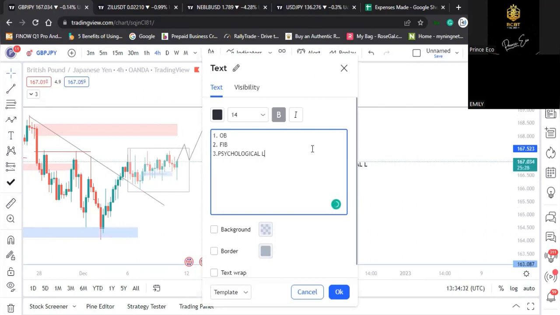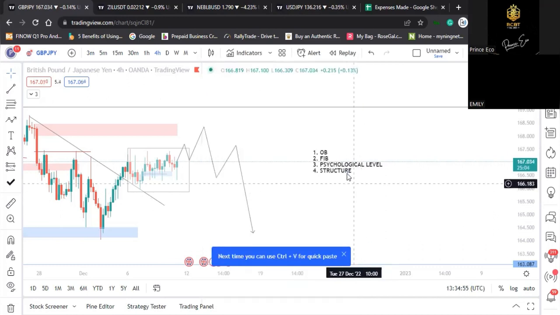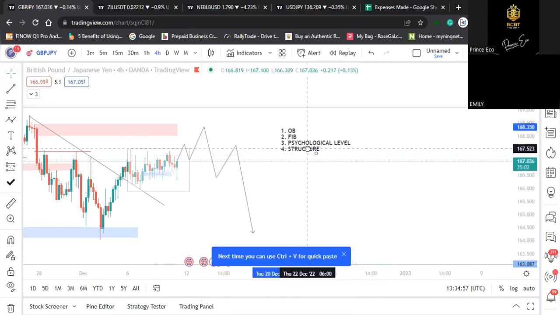Psychological level. Then the third one will come in, and the fourth one will be structure. Those are the confluences for me to take any trade.